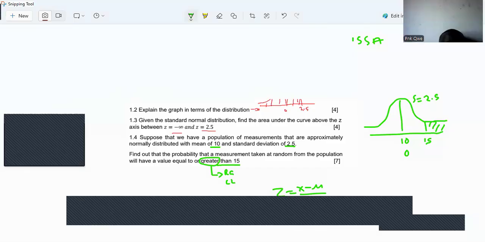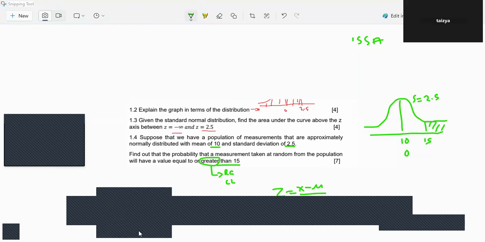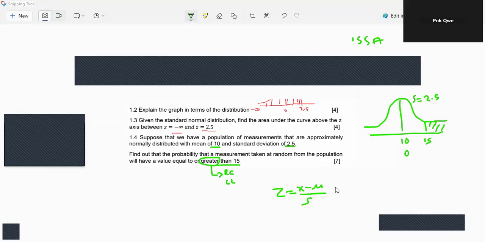What are we getting? It's 2. So our x is 15 minus 10, which is 5, over 2.5, which is 2.